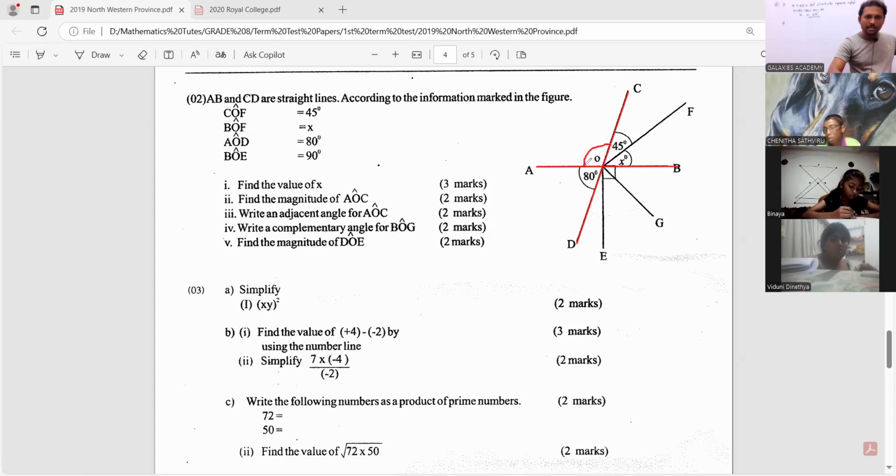AOC mean this angle. Also, you can see I drew two lines using the red color. This angle you have to find. You can find this angle using the knowledge of sum of angles on a straight line.